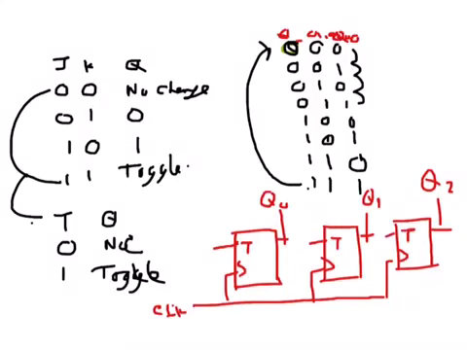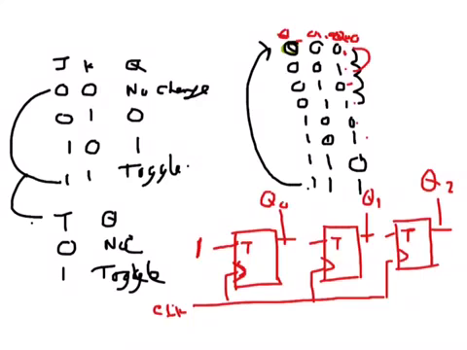So this T I want to be 1. I can just give 1 here, because with every clock the output toggles: 0, 1, 0, 1, 0, 1. It's going like that all the time whenever the clock comes. With each clock it will count the next number and go to the next binary number.